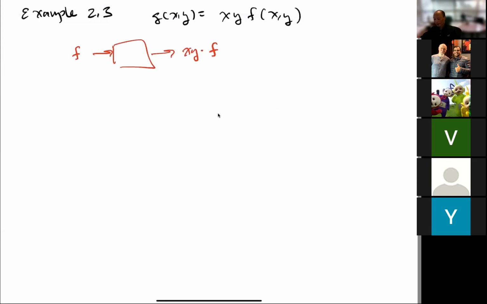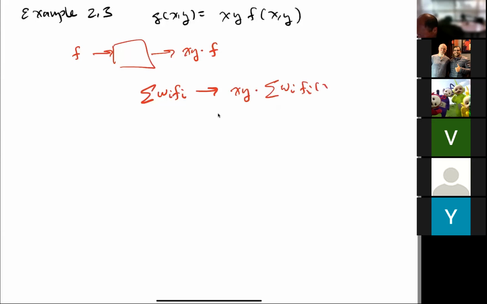So now the question is, this is a linear system. And so once again, we can consider an input, w_i f_i, and the output would then be x, y times w_i f_i.